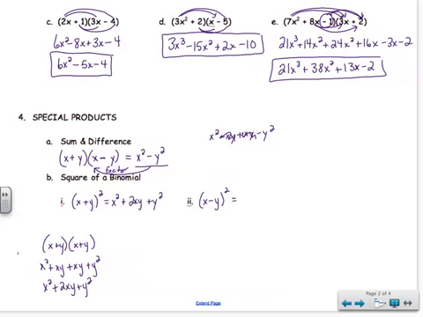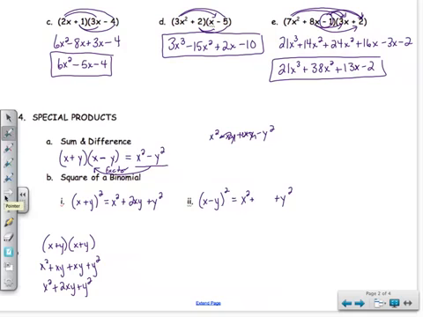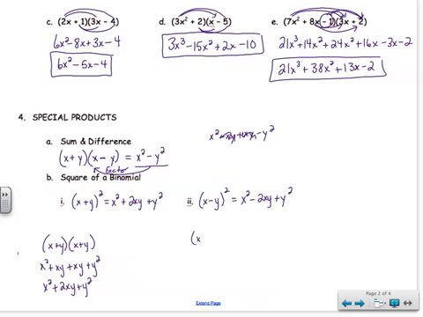Same idea with the subtraction, except this time, again, we square the first term and the last term. But to get our middle term, because of the subtraction, we're going to end up with subtraction in this one. So minus 2xy. And again, you could FOIL this out, the x minus y times the x minus y, and see that we get x squared minus xy minus xy plus y squared.